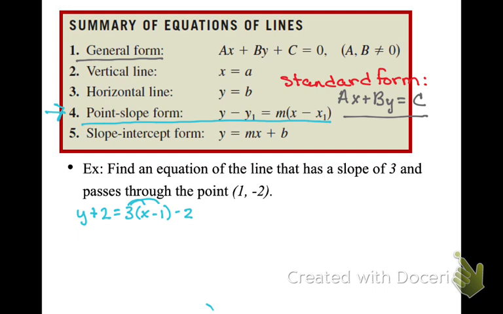So your slope intercept should be y equals 3x minus 6. Is that what you get? So you guys got 3x minus 6?